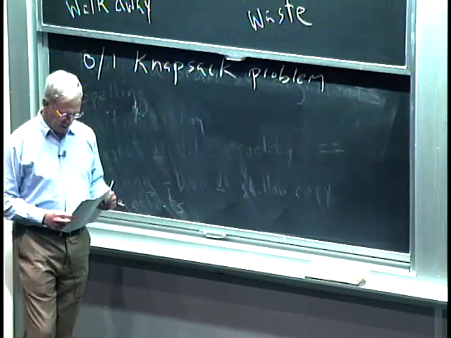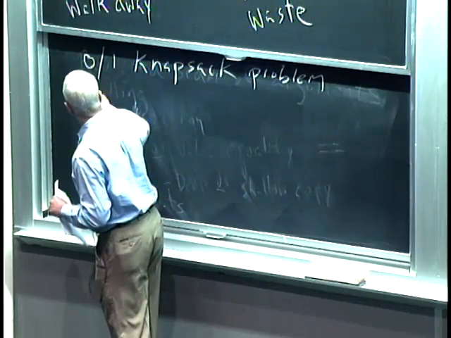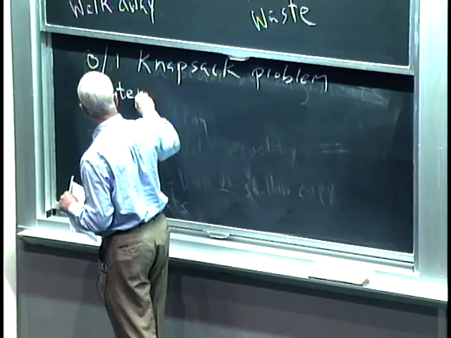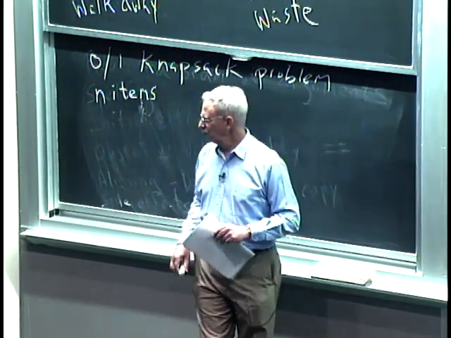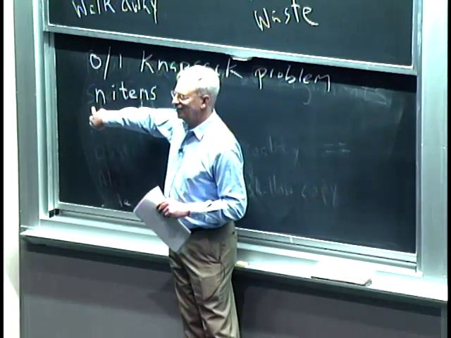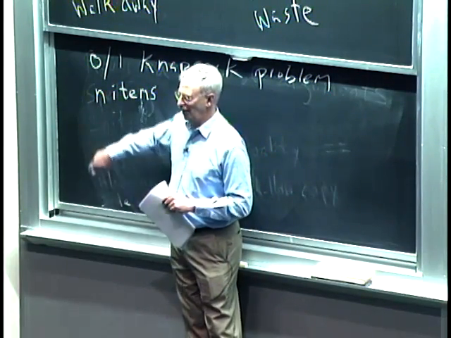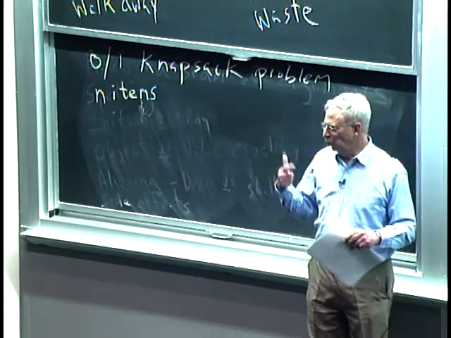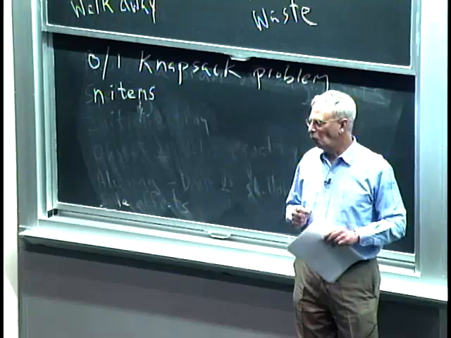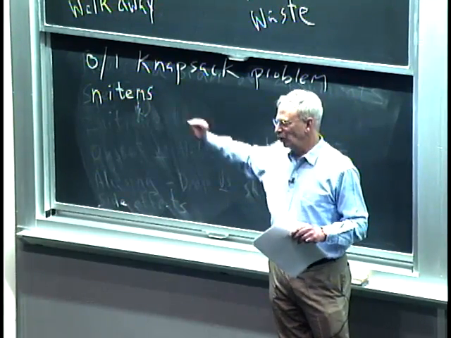The formulation is that we have n items, and at every step we have to either take the whole item or none of the item. In the continuous problem, the gold was assumed to be infinitely divisible, and so you could take as much of it as you wanted.